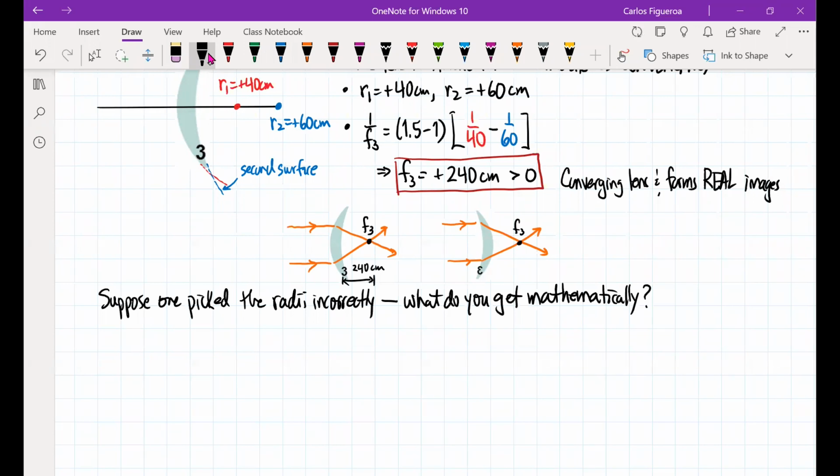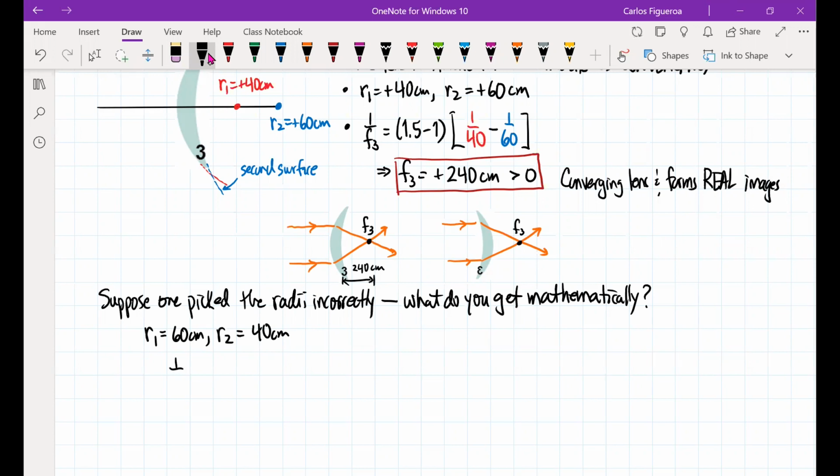Well, that means what I'm really saying here is that suppose you picked R1 to be 60 centimeters and R2 to be 40 centimeters. Now note that this is not the same as before. We reversed it. Now look what happens.